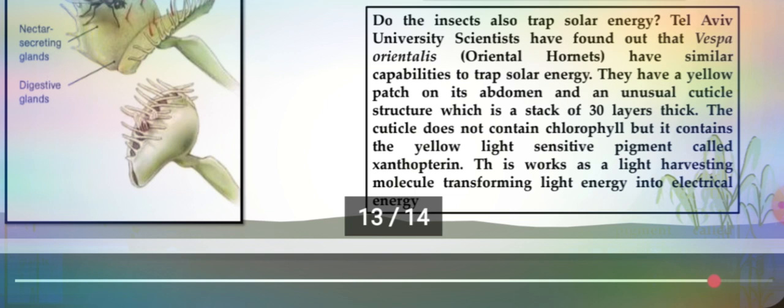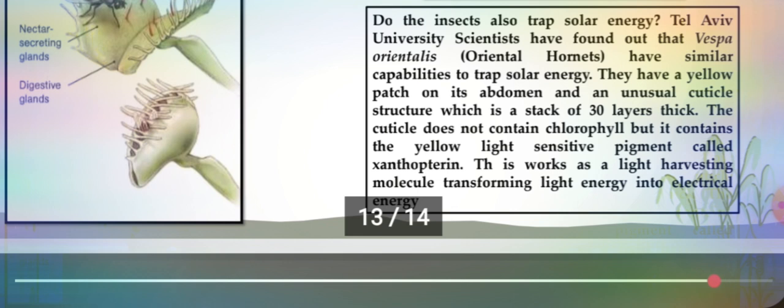And what does that cuticle consist of? That cuticle consists of a yellow light sensitive pigment. It's a coloring pigment. But it doesn't contain chlorophyll, that green pigment. Instead, this yellow light sensitive pigment is found on this cuticle.